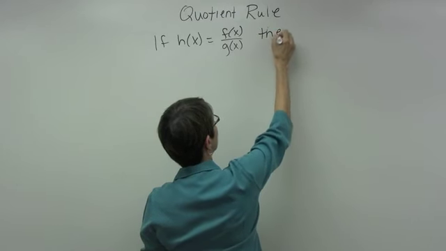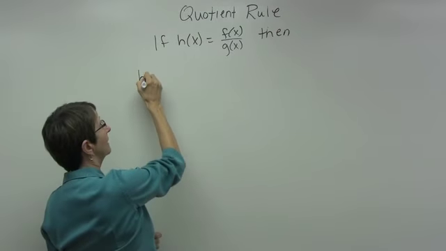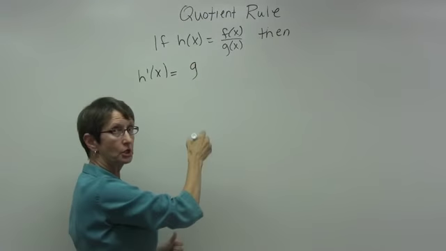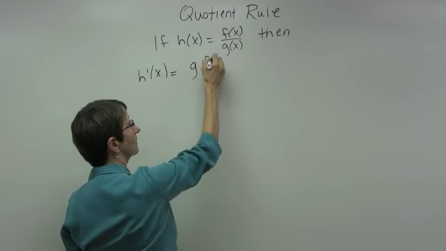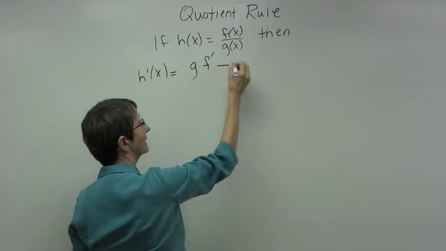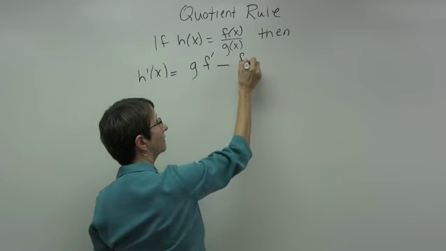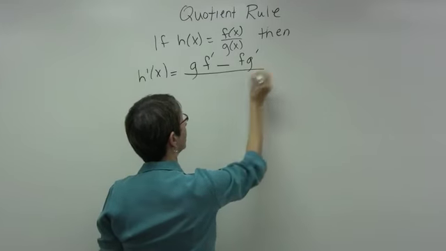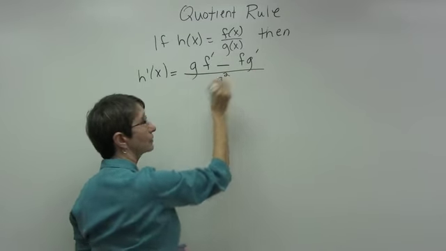Then the derivative h prime of x is equal to the bottom, which is g, times derivative of the top, minus the top, f, times derivative of the bottom, all of that divided by the denominator squared.